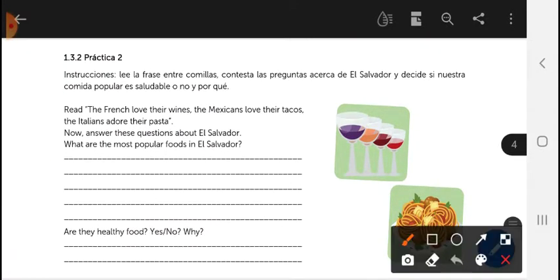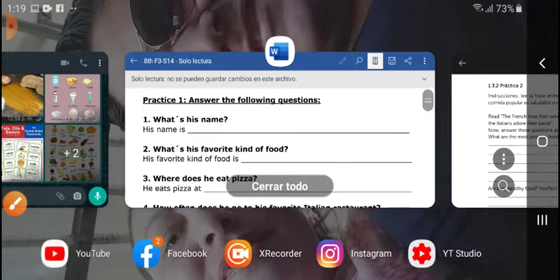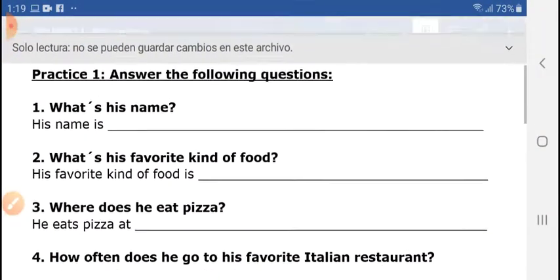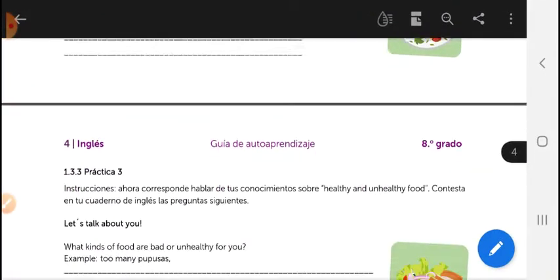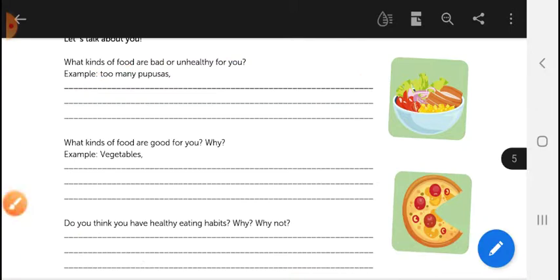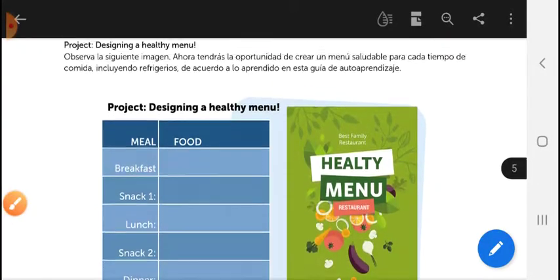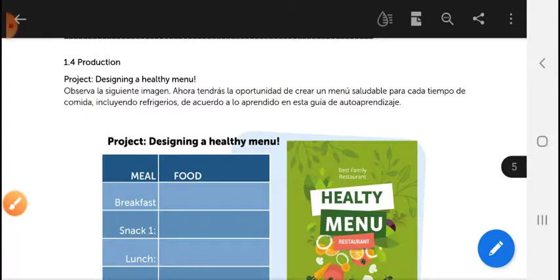Lo mismo acá, vamos a responder questions, vamos a responder preguntas in English. Yo le voy a dar una guía, una ayuda, so that you can answer, ¿ok? Para que ustedes puedan ayudarse a responder. And after that, tenemos más questions in English, que usted va a responder in English, por cierto. Tenemos un proyecto de healthy food, ¿ok?